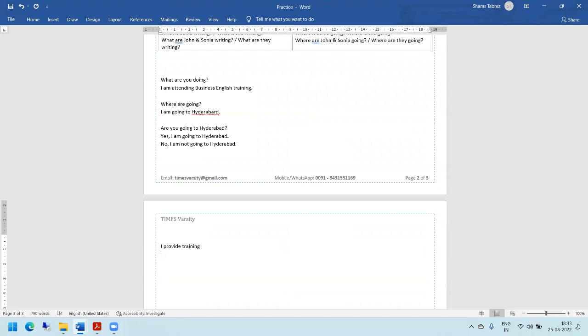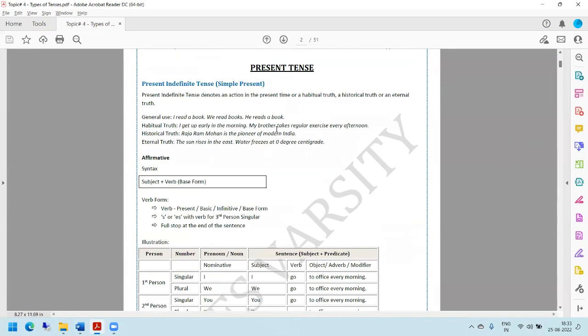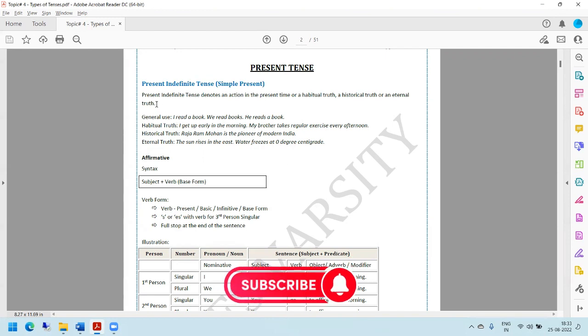I provide training because, if you remember, the present indefinite tense denotes an action in the present time, or a habitual truth, a historical truth, or an eternal truth. For these, we have to use the present indefinite tense.